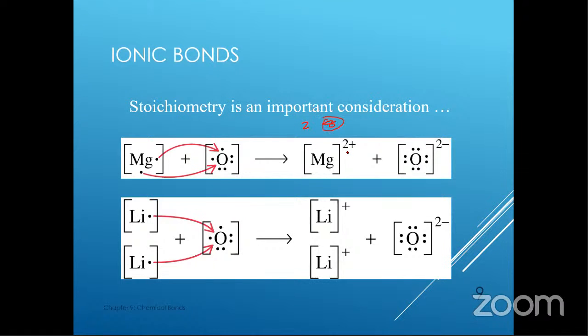So it also has an octet as well. So that's what happens in the formation of ionic bonds for some compounds. This is not true for all compounds, by the way. You're going to see later on that it's not true in the case of compounds necessarily formed from transition elements.